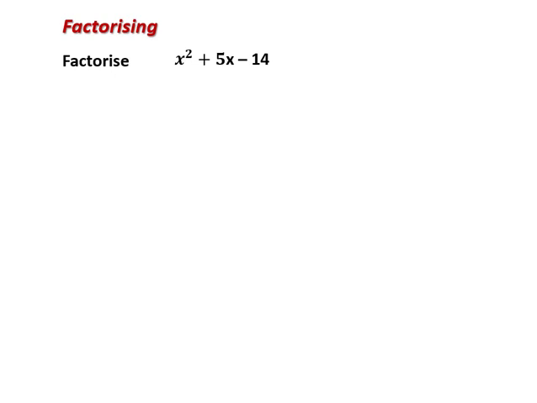Now let's have a look at something a bit easier, a bit gentler for us. So here we want to factorize x squared plus 5x minus 14. We want to factorize that into 2 parts. The first thing we do is set up the brackets. Now the brackets are just empty, but we're going to have an expression in here multiplied by the expression over here.